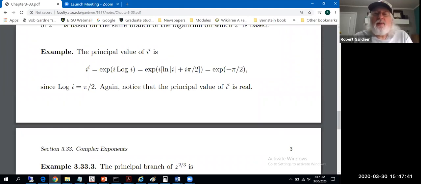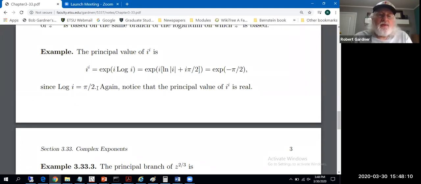So we just get an i pi halves here. i has modulus 1, so the natural log of that is 0, and that's out of here. So we're left with e to the i times i pi over 2. i times i is i squared, it's negative 1. We get out e to the negative pi halves. So the value of i to the i is e to the negative pi halves.